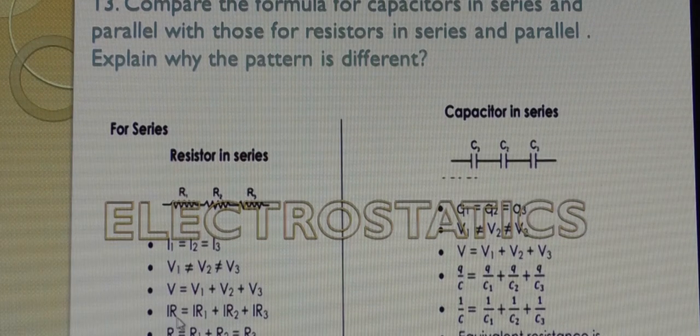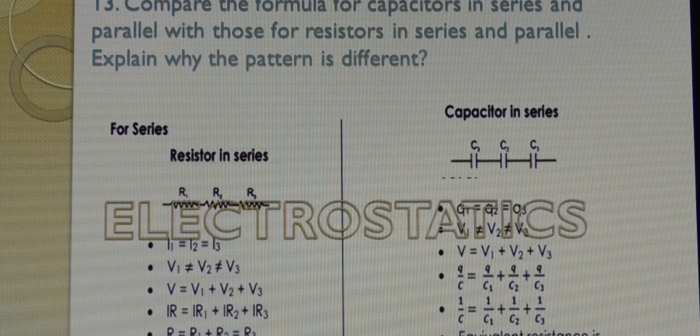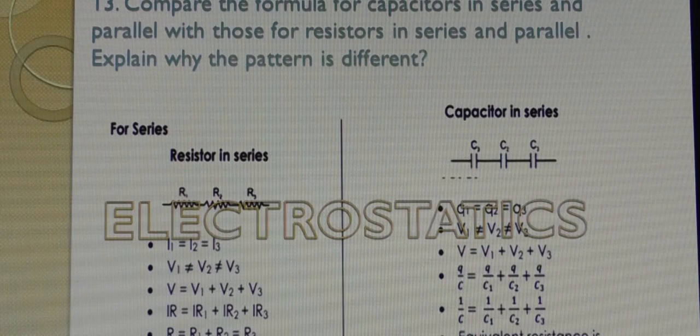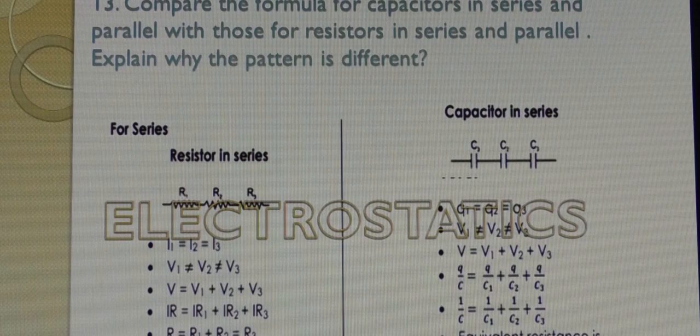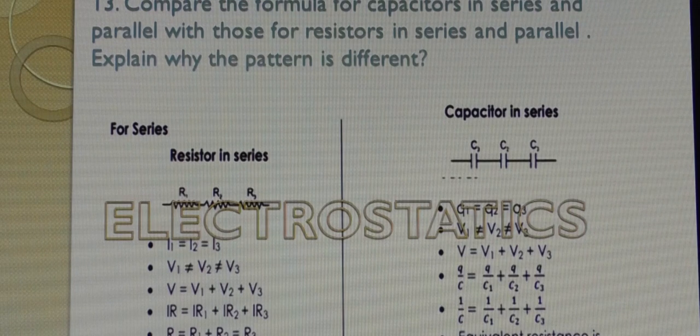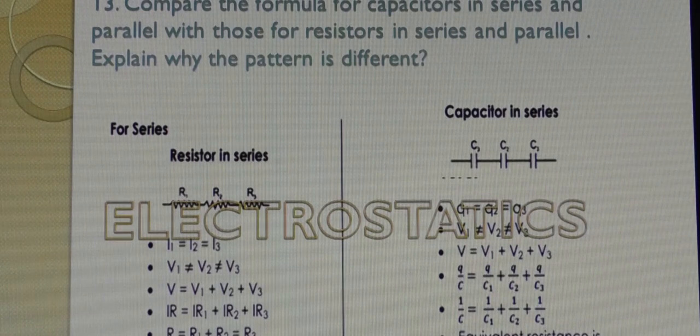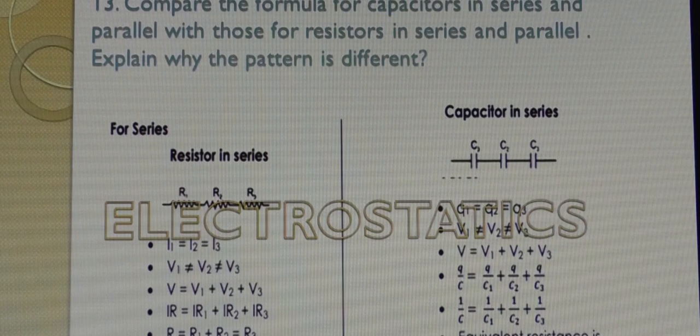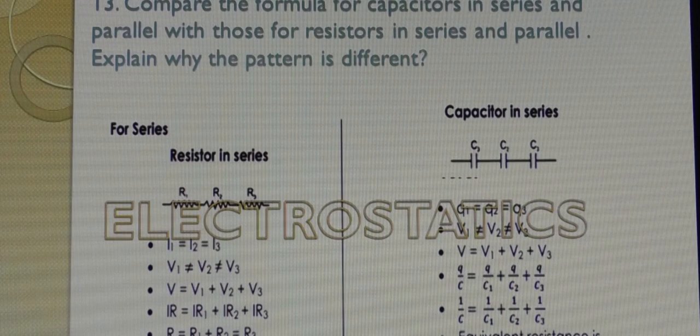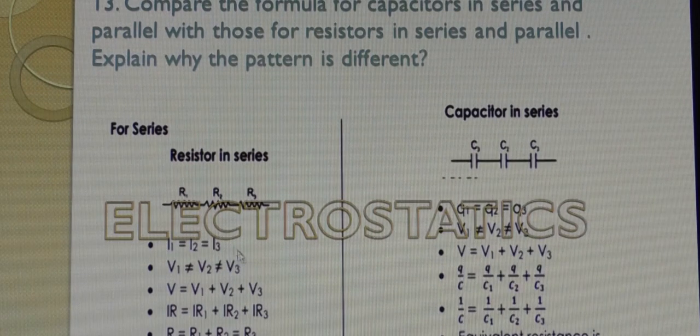This I cancels with this I, and what is left is R is equal to R1 plus R2 plus R3. So the equivalent resistance, how do we read it? This R, which is an equivalent resistance, is greater than each of the individual resistances. So this was the series combination for the resistor.